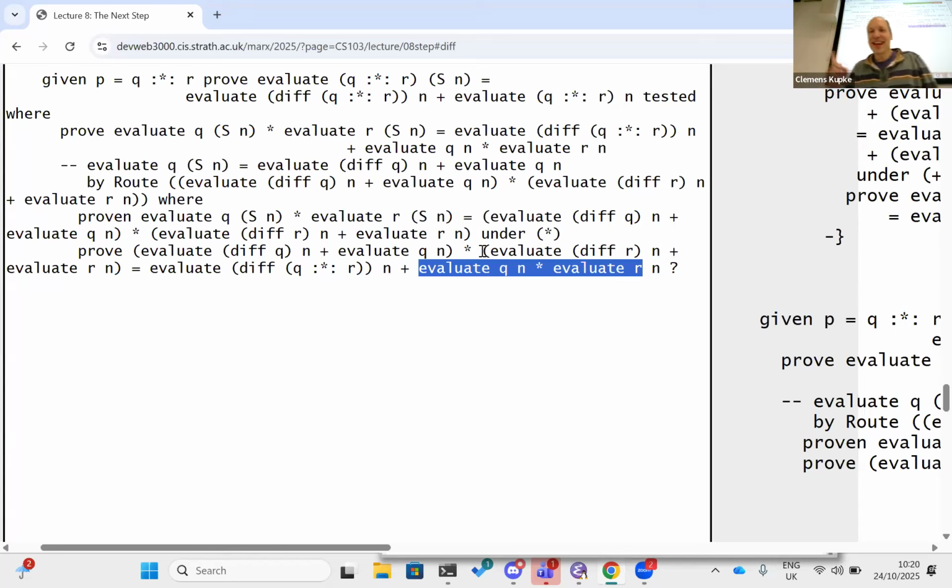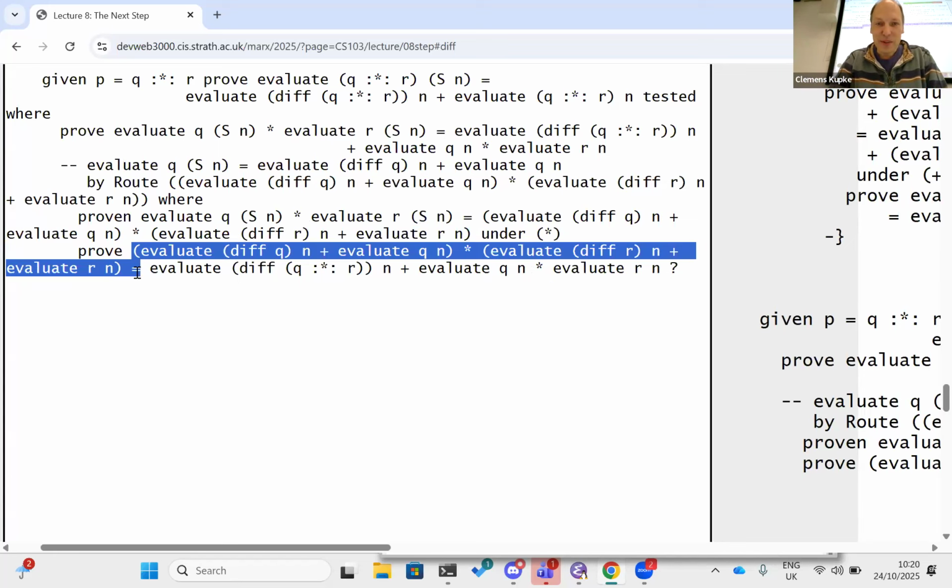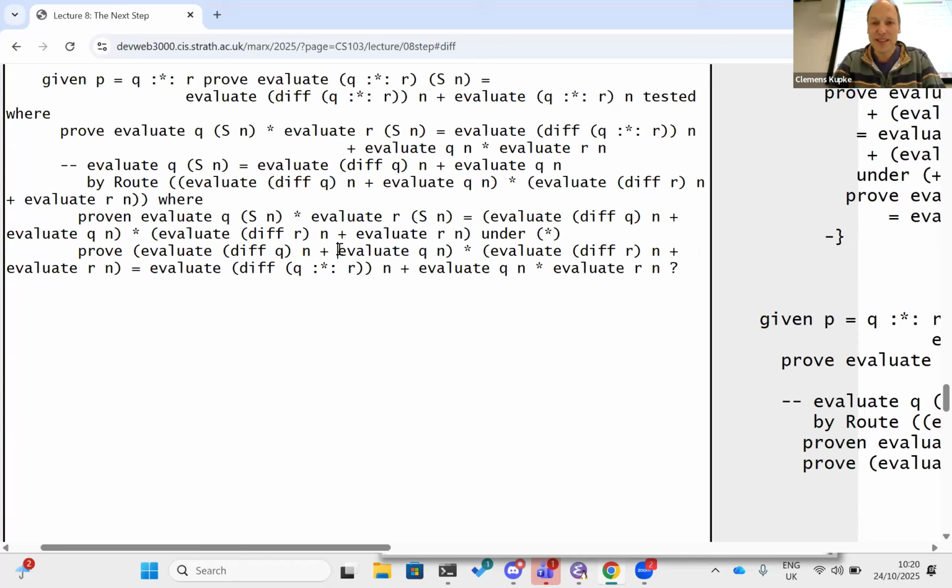Excellent. And it's even slightly better than this, because if you look at the first part, you have these 2 sums being multiplied. The last term of the first sum is evaluate Qn, and the last term of the second sum is evaluate Rn. So if we multiply that out, we will get something plus evaluate Qn times evaluate Rn.